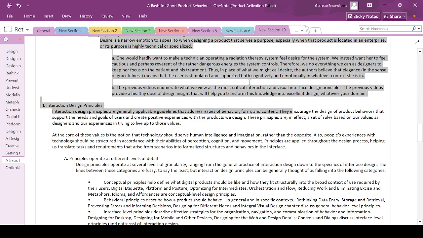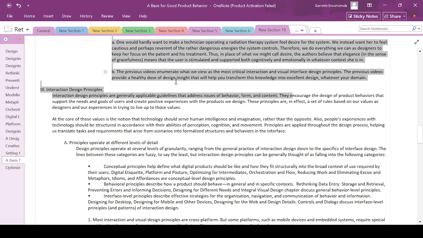Thus, in place of what we might call desire, the authors believe that elegance, in the sense of gracefulness in harmony with the situation or context, means that the user is stimulated and supported both cognitively and emotionally in whatever context she is in. The previous videos enumerate what we view as the most critical interaction and visual interface design principles.